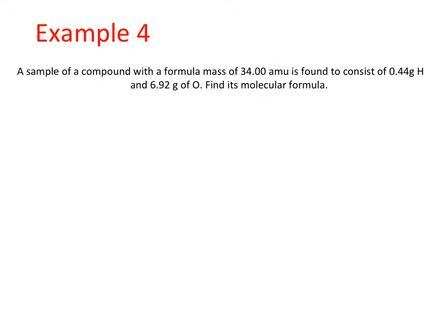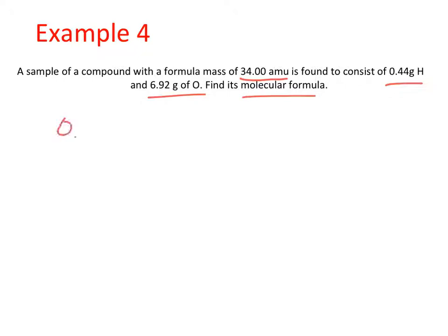Okay, this example covers all of what we just talked about. Go ahead and pause the video, give this one a try, and when you get back, I'll go through how to solve it. It says a sample of a compound with a formula mass of 34 AMUs consists of 0.44 grams of hydrogen and 6.92 grams of oxygen, and we want the molecular formula.